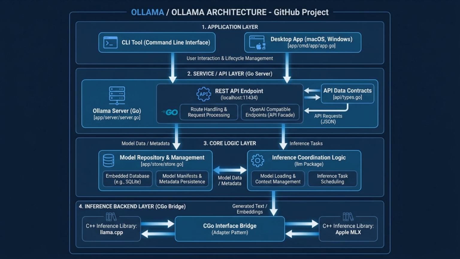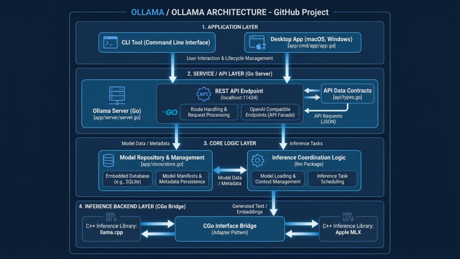Other solutions existed, but they were often fragmented or didn't really focus on smooth developer integration. Llama's unique angle is to treat local models like software containers. It provides a single, unified tool that handles the entire lifecycle, from download to execution, all exposed through a clean command line interface and a powerful API.